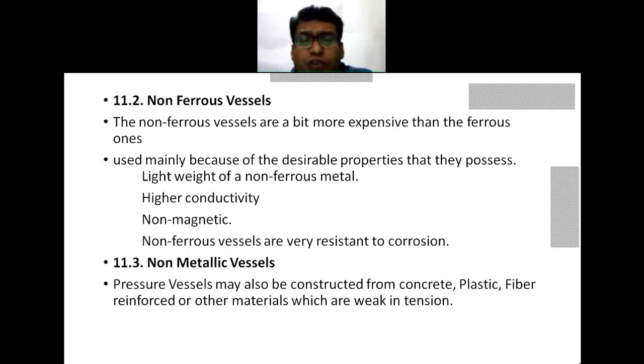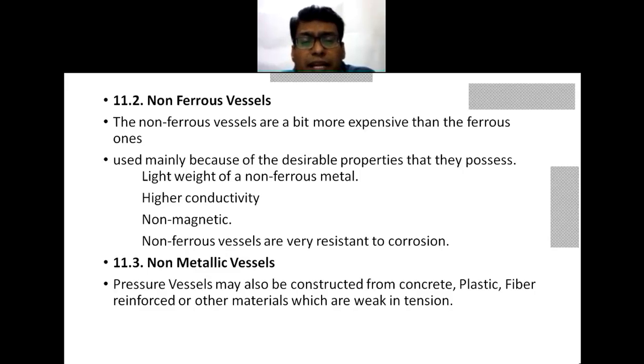The lightweight, for example, in case of aluminium, then higher conductivity, non-magnetic, non-ferrous vessels are very resistant to corrosion. So mostly it is copper or aluminum or the alloys of copper and aluminum, that is tin and other different alloys that can be used.